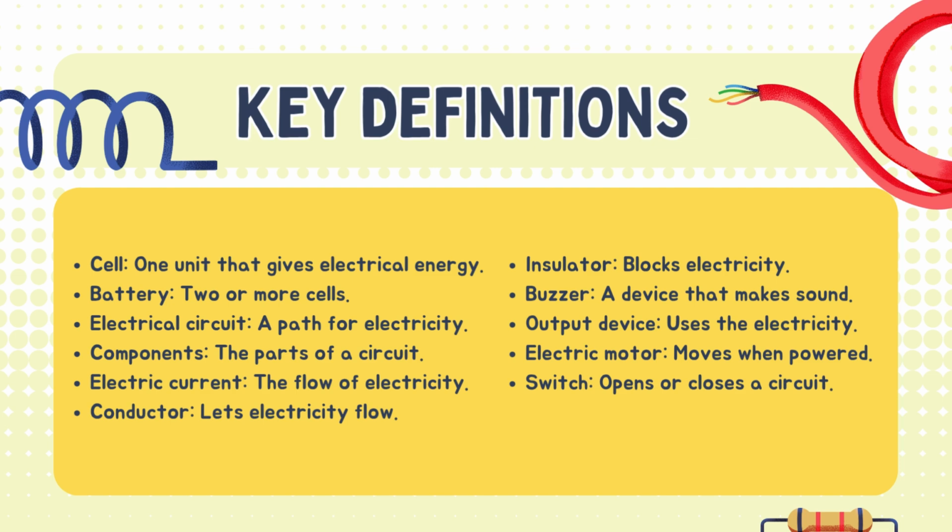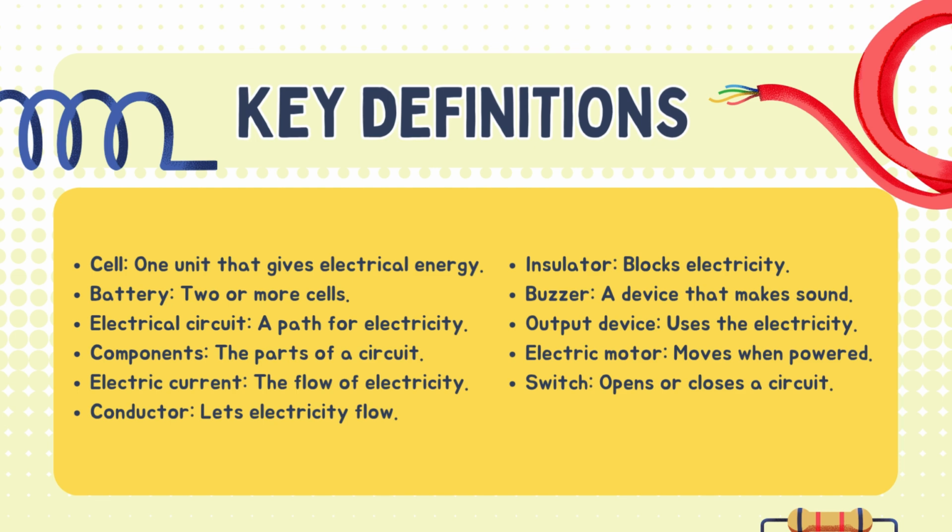Electric current is the flow of electricity. A conductor lets electricity flow. Insulators block electricity. A buzzer is a device that makes sound. An output device uses the electricity. An electric motor moves when powered, and a switch opens or closes the circuit.